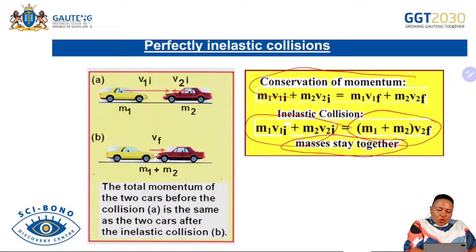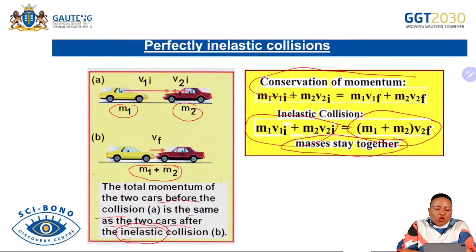Like when you have two cars, M1 and M2, when they collide and stick together, we add their masses because they move together with the same velocity. The total momentum of the cars before the collision is the same as after the collision, but the collision in this form will be inelastic because energy will not be conserved.